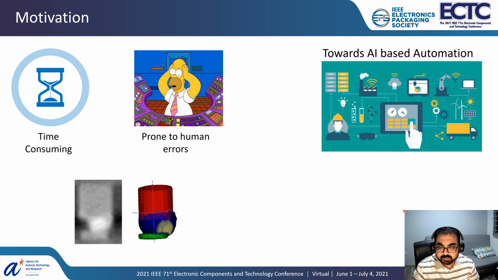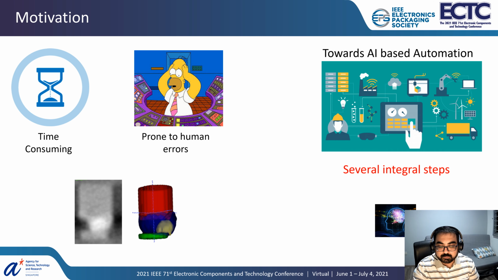Now, AI-based automation requires various different steps. First you need to fabricate the data, then you need to perform data collection, followed by manual data annotation, and then comes the major software side AI component, which is model training.